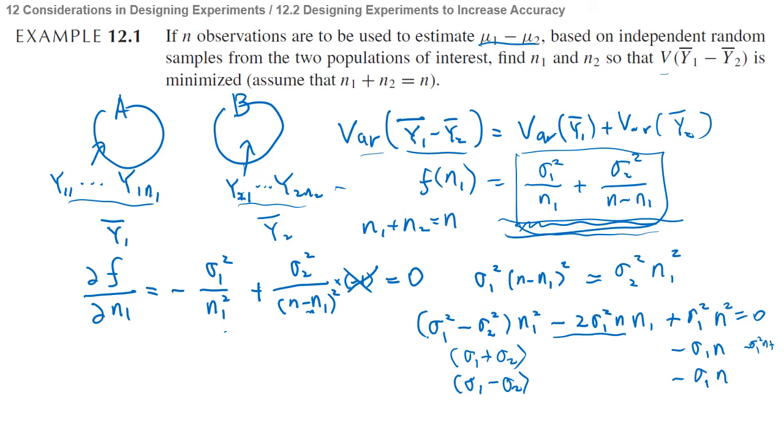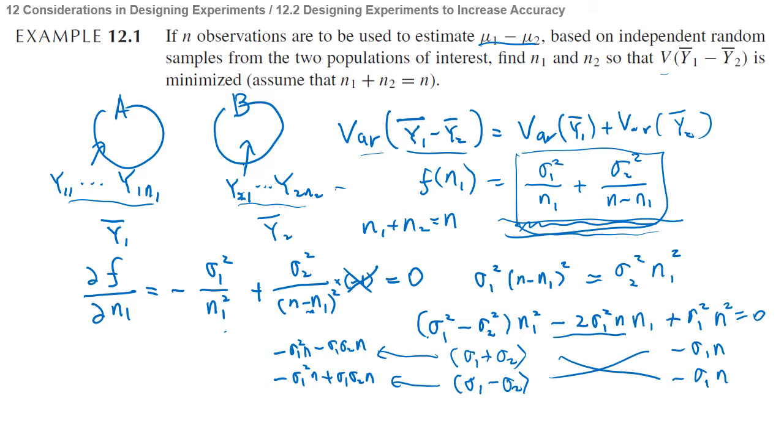I don't have enough space, so I will write it here. So minus sigma 1 squared n minus sigma 1 sigma 2 n, and for this part minus sigma 1 squared n plus sigma 1 sigma 2 n.